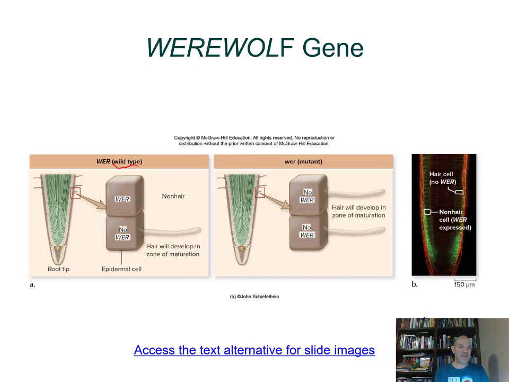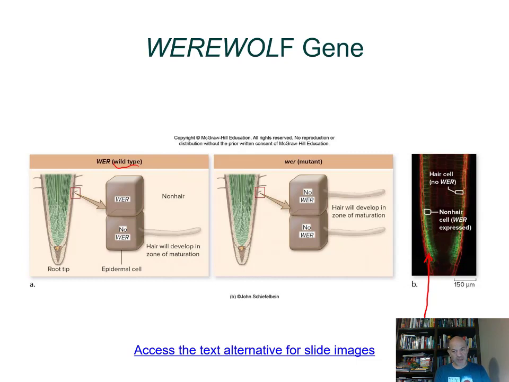Here they're just showing an image of a normal plant that has a normal werewolf gene, and they're using techniques where they tag the proteins associated with the werewolf gene, and then you can see it in the image, or they tag it with molecules that help radiate energy that can be detected here.